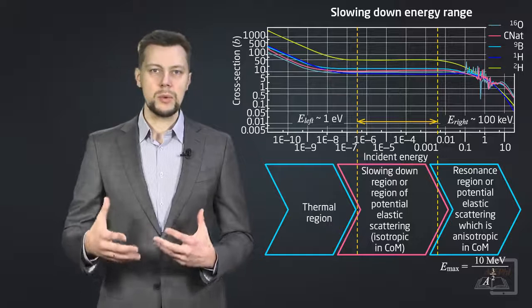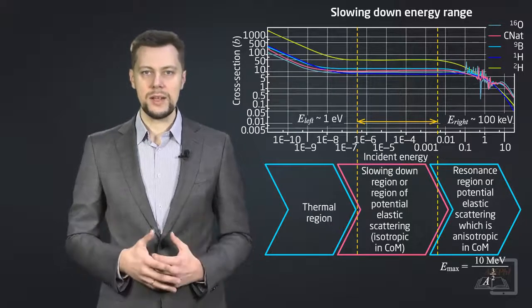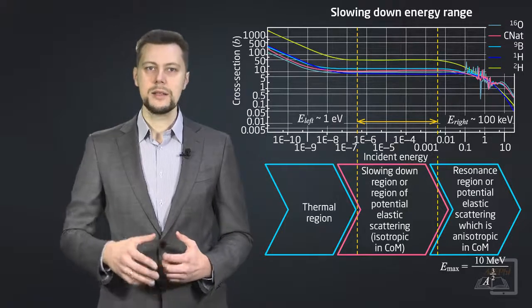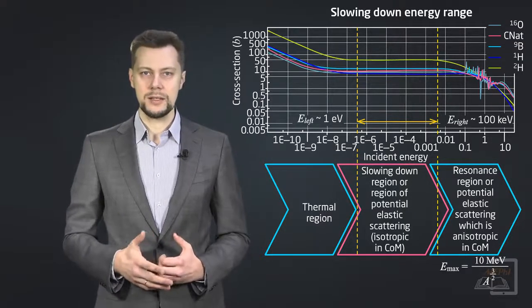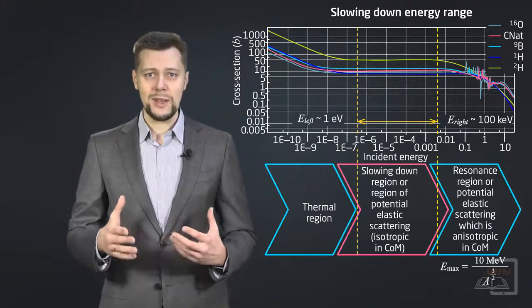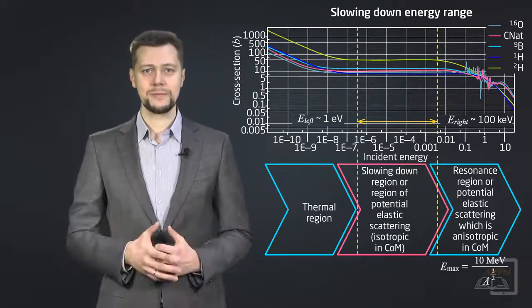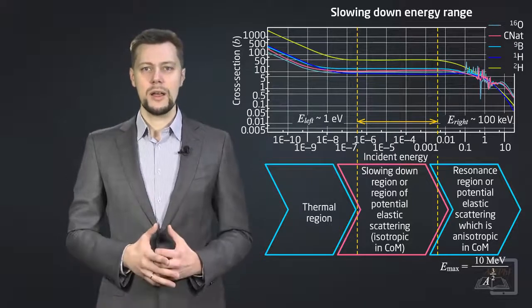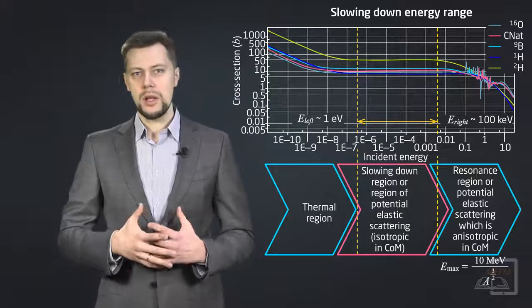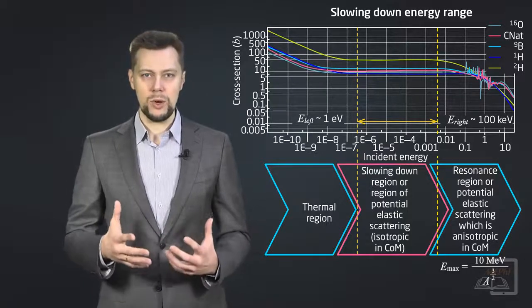E maximum equals 10 megaelectron volts divided by the mass number of the nucleus, A, cubed. So, for example, for hydrogen, there is no anisotropy energy range. Thus, in whole, the right border of the slowing down range is about 100 kiloelectron volts.